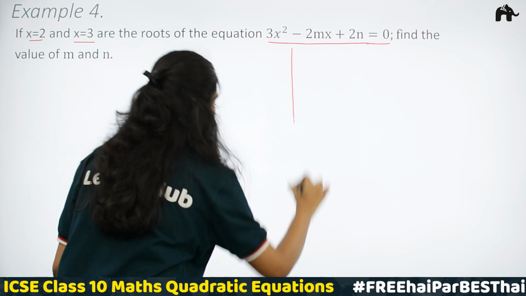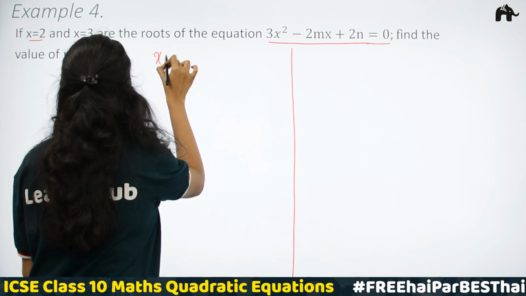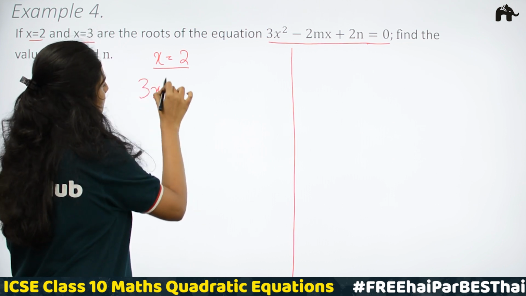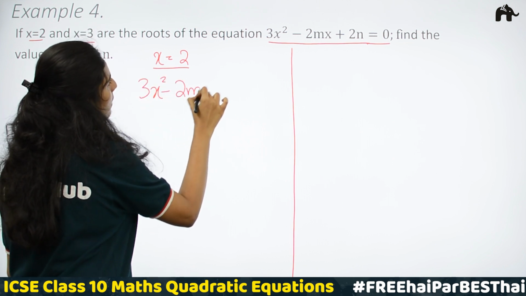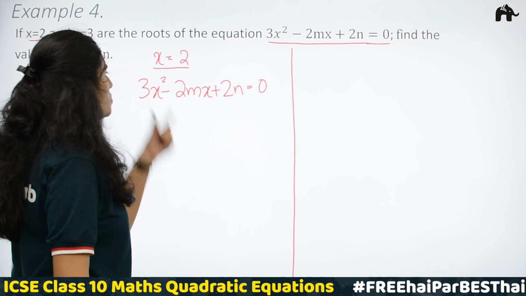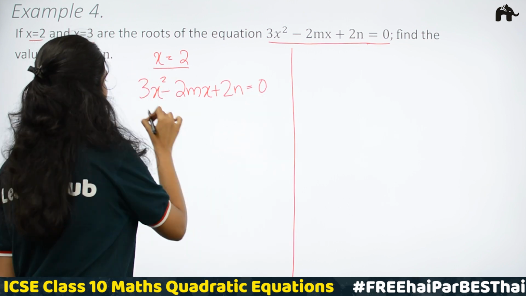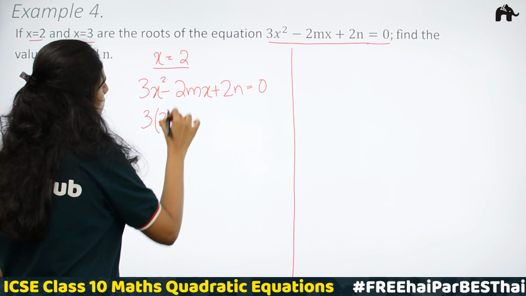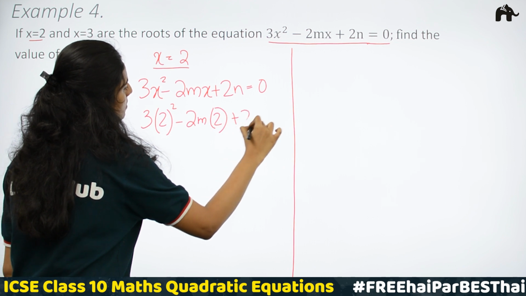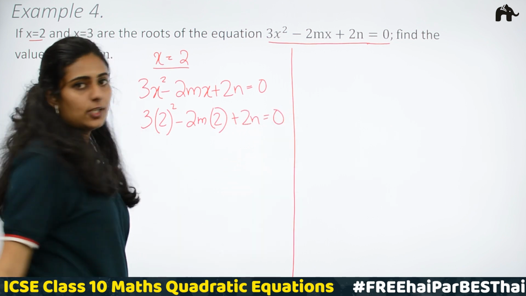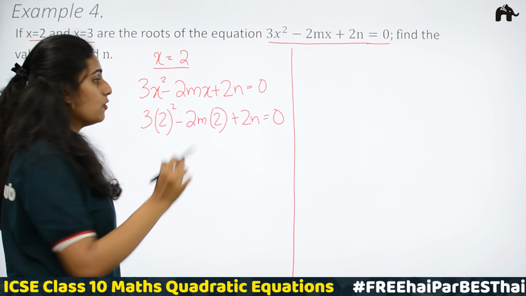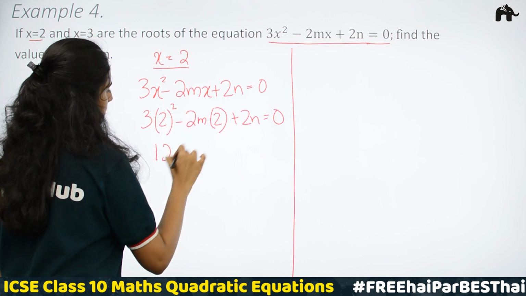Let's start. First, we will take x equals 2. When x equals 2, the equation is 3x squared minus 2mx plus 2n equals 0. Substitute x equals 2 here: 3 into 2 squared minus 2m into 2 plus 2n equals 0. 2 squared is 4, 4 into 3 is 12.